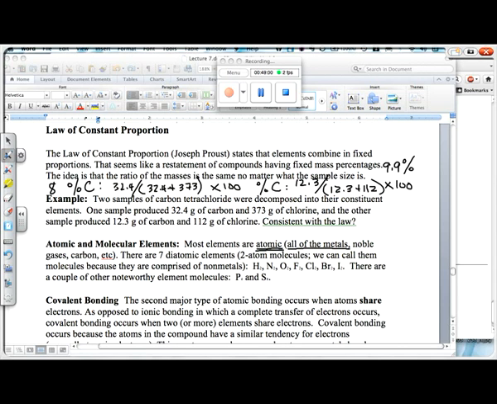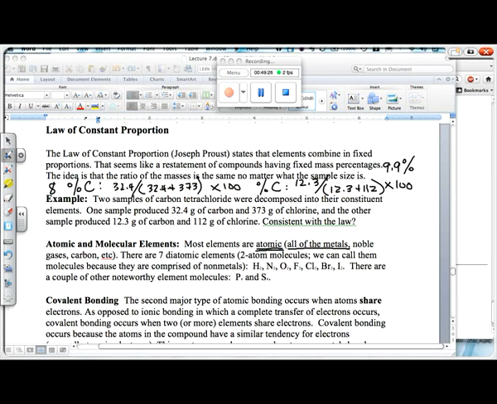But there are 7 diatomic elements, 2 atom molecules. And we can call them molecules now because they're made up of nonmetals. So we are doing nonmetals when we are talking about covalent compounds. Yes, you can get a metal and a nonmetal to form a covalent-like compound because the electronegativity difference isn't large enough. But for the most part, your covalent compounds are nonmetal.